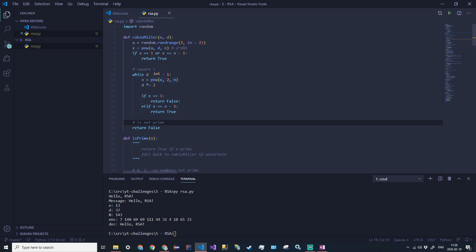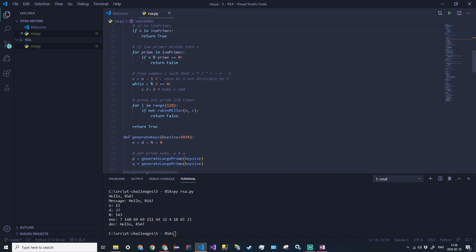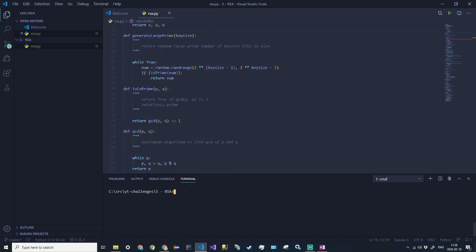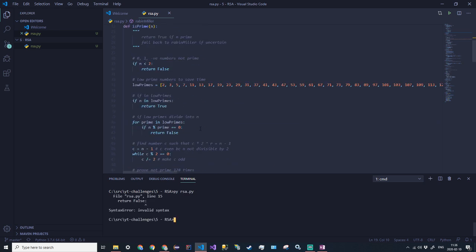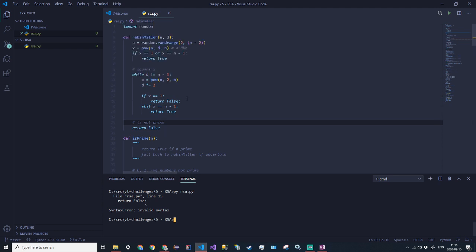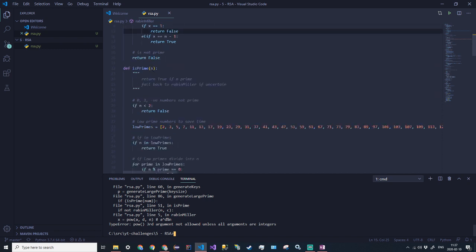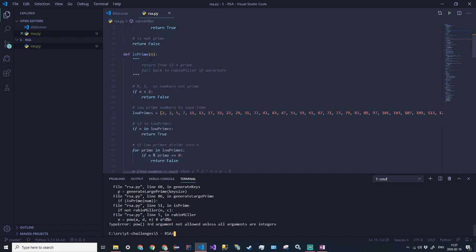So yeah, that is Rabin-Miller, and now let's generate our key size of 32, and we'll see. I hope this works. Oh, nice. Oh, yeah, I put a colon there for some reason.